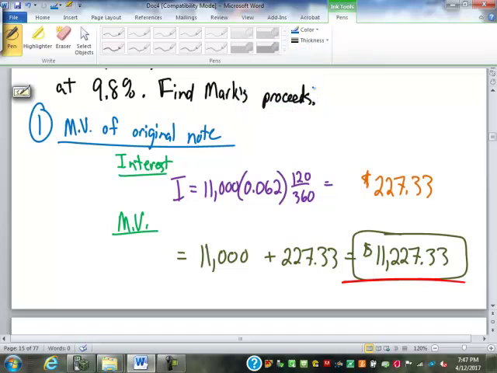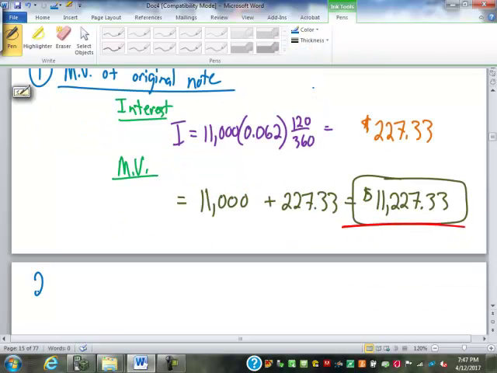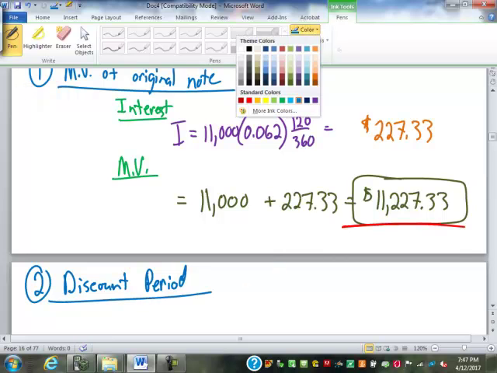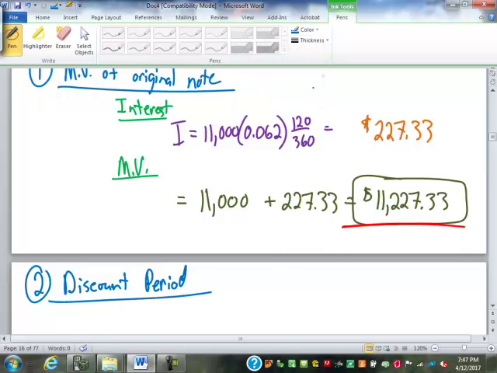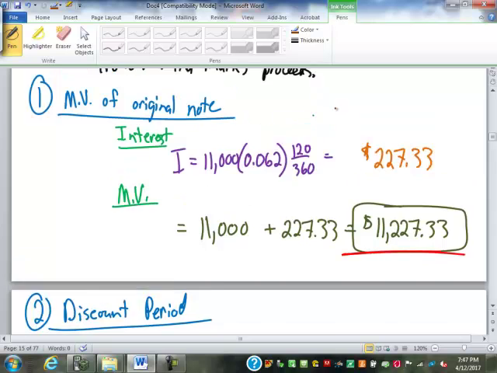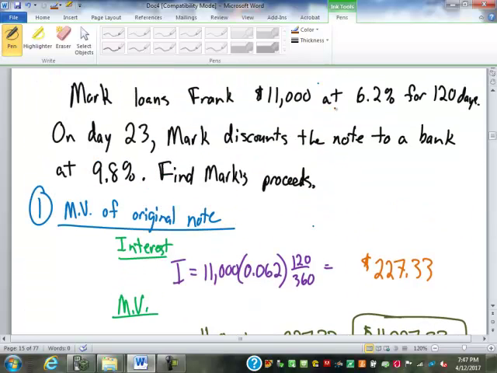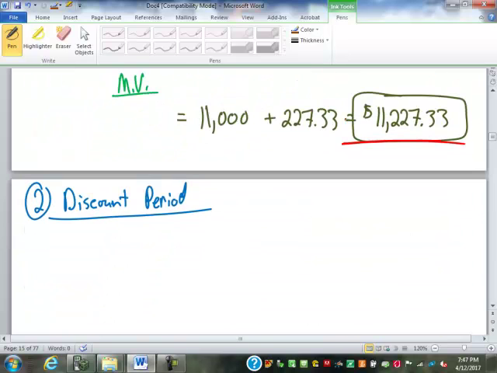What is step 2? Find the discount period. How do I do that? The original days is 120, and if you did it at 23, then you would subtract 23 to get the remaining.